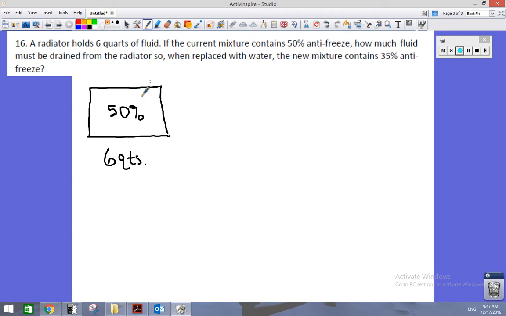You just can't add a gallon of water, or however much water you want, because it's already filled up. So first you're going to have to drain some of this liquid. Now when you drain away liquid, that doesn't change the concentration. You're just removing some of this 50% liquid. And it's asking how much fluid must be drained, so we're going to let that be our variable x.